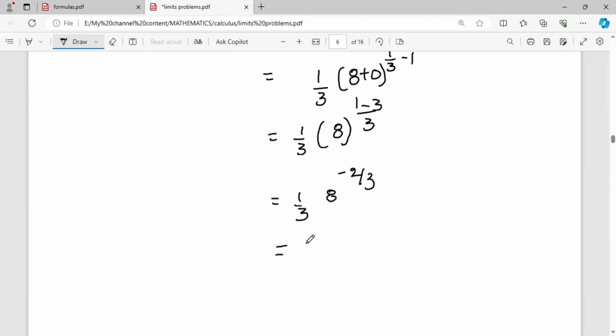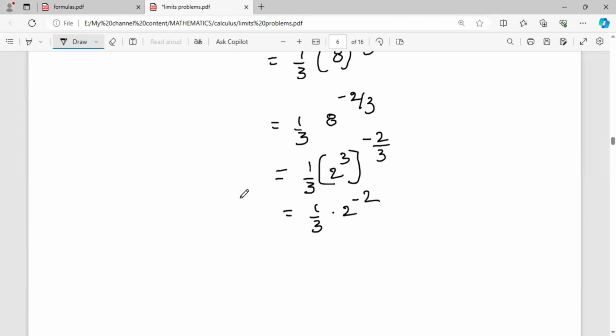So (1/3) times 8 to the power minus 2/3. Here 8 can be written as 2 cubed, so (2^3)^(-2/3). Then the 3 gets cancelled: (1/3) times 2 to the power minus 2. By simplification, 2 to the power minus 2 means 1/2 squared, so (1/3) times (1/4).